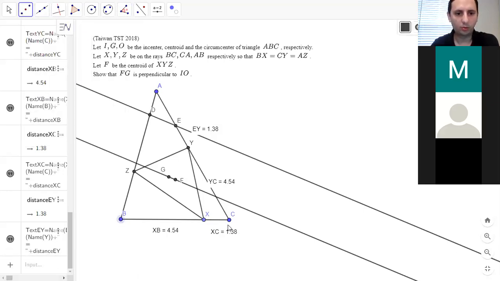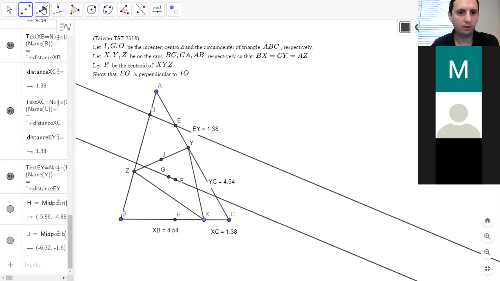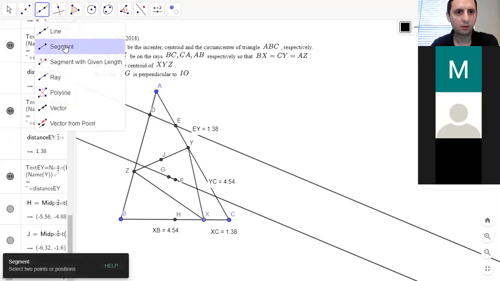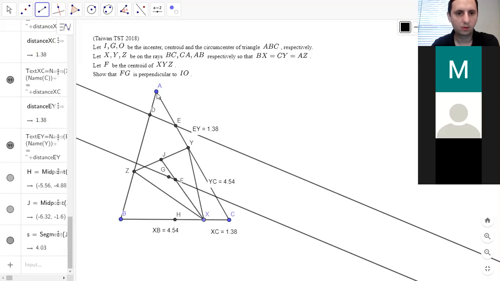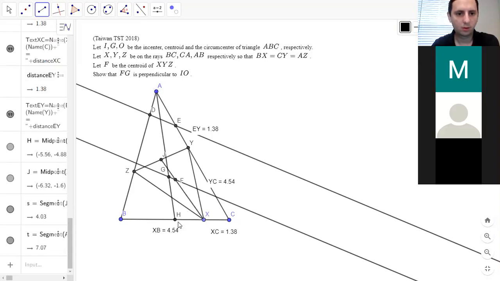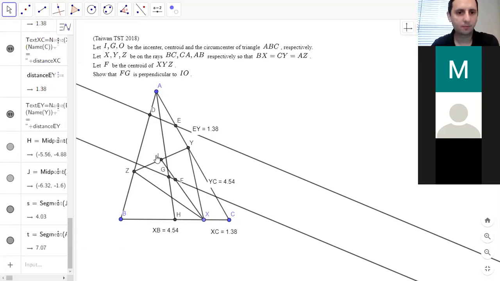So G is 2/3 of the way from A to H, and F is 2/3 of the way from X to J. So this almost seems like a vector calculation, right?